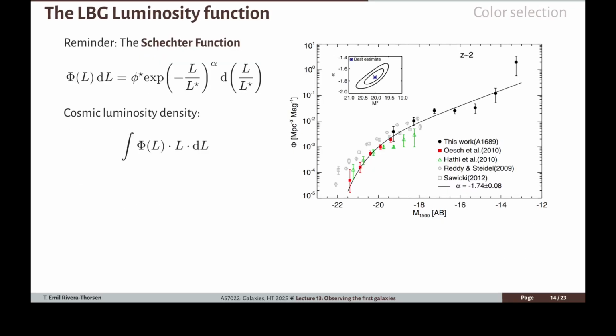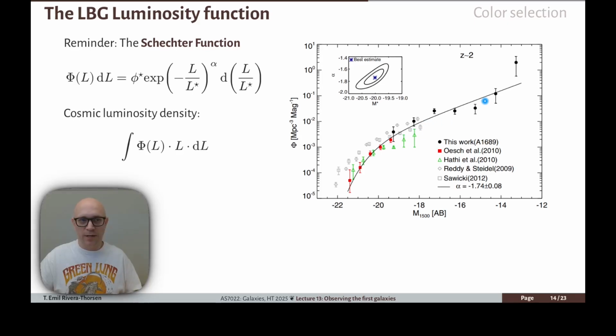And so the LBG luminosity function is something that people then went into a lot of work to determine. And this is basically us revisiting the Schechter function from before. Remember, this is not in flux, but in magnitudes, which means that it has been flipped on the horizontal axis compared to what you saw in the earlier lecture about the Schechter function, right?